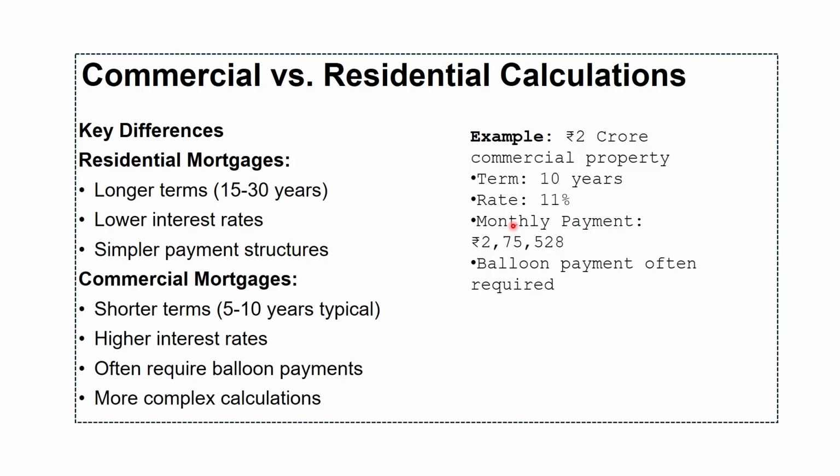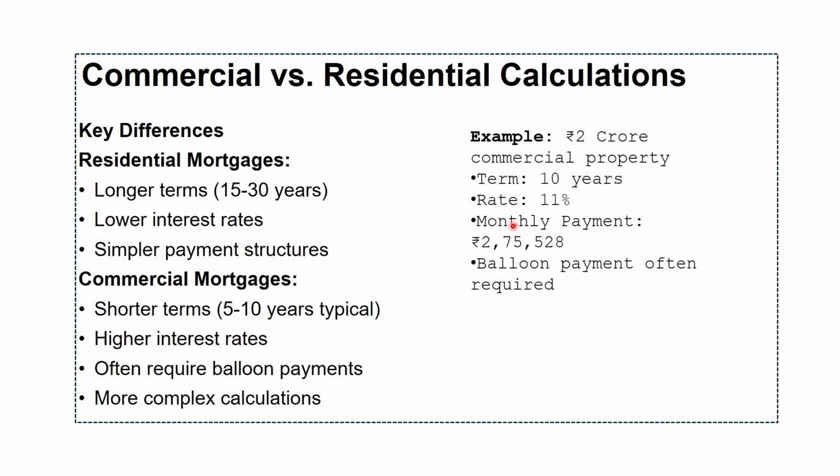And commercial often also requires balloon payments to be done. The example which we have here is a 2 crore commercial property: the term will be around 10 years, the rate will be 11%, and the monthly payment will come out to be 2,75,528.